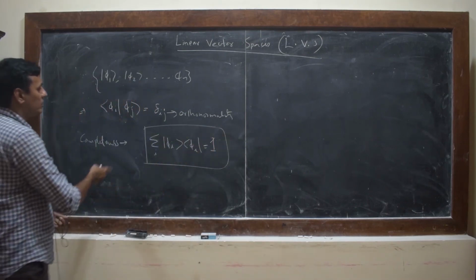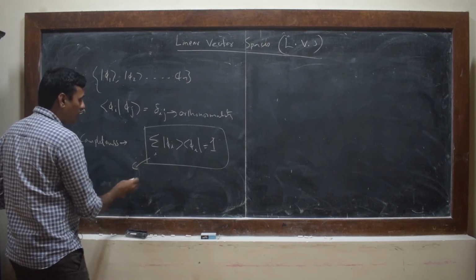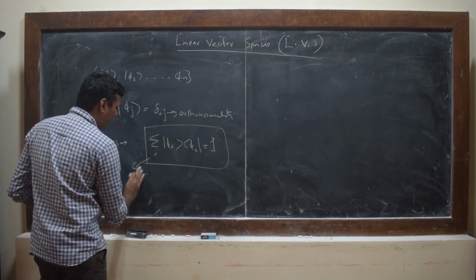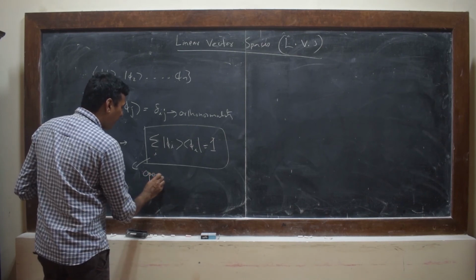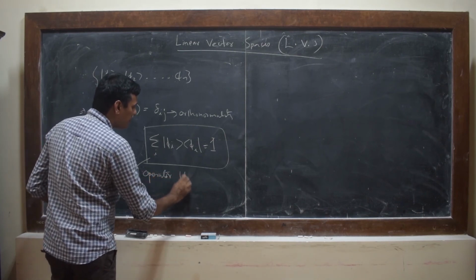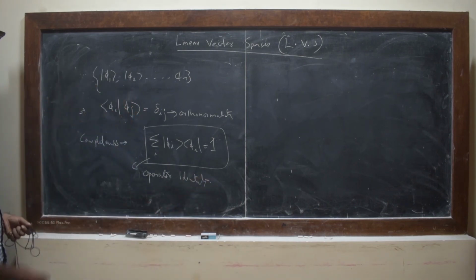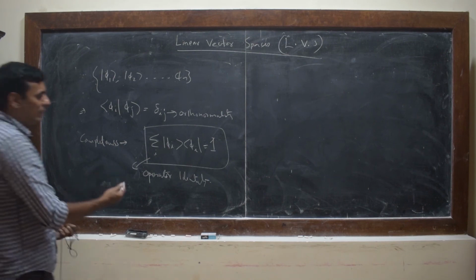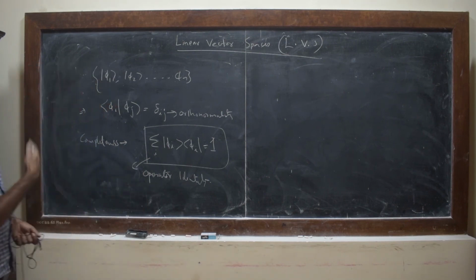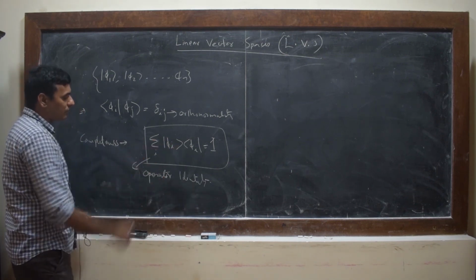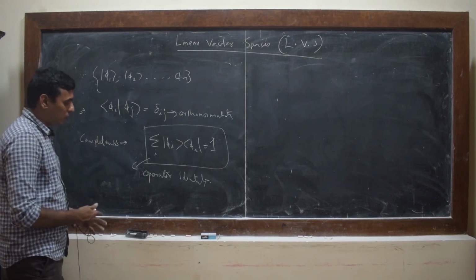This is sort of a matrix identity or an operator identity. Okay. So I'll take an example and then I'll do it. Then you will understand the completeness of the orthonormal basis.